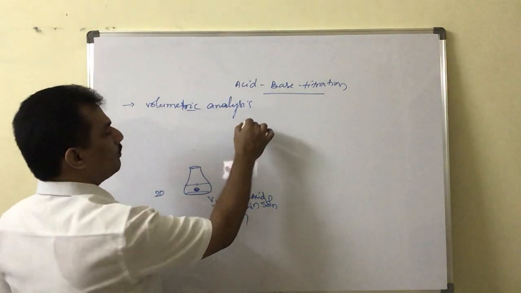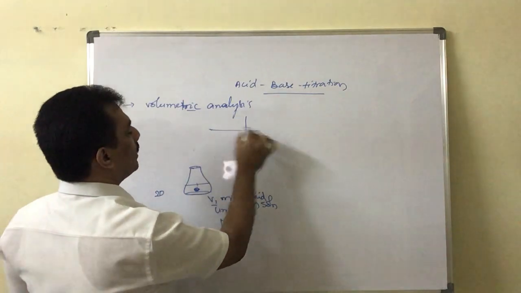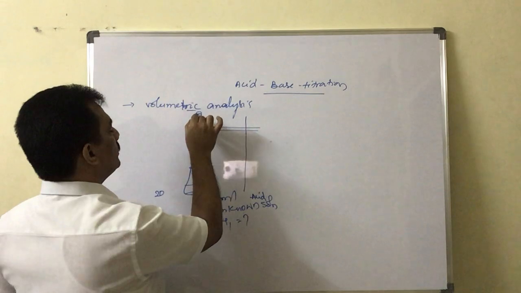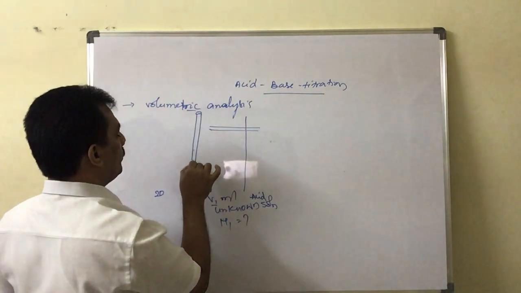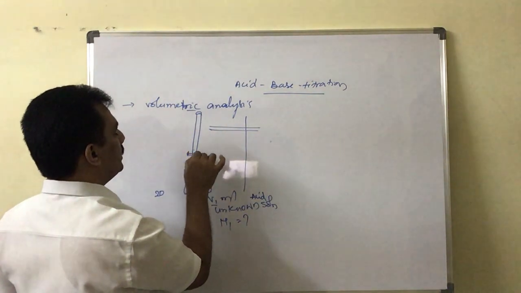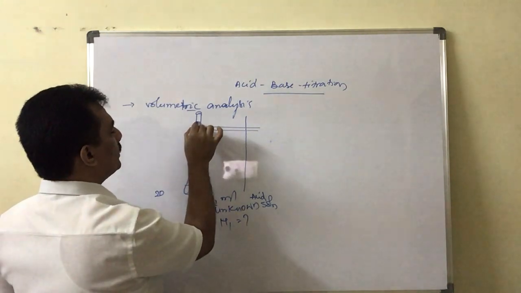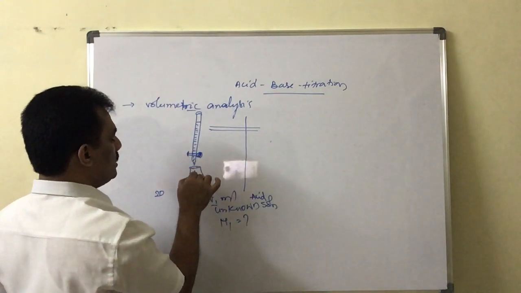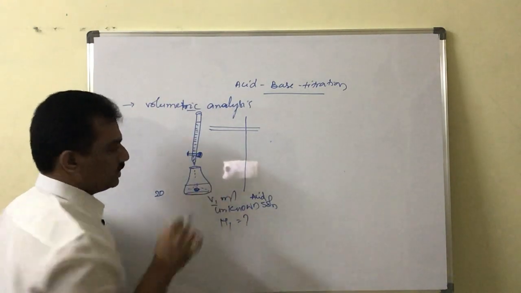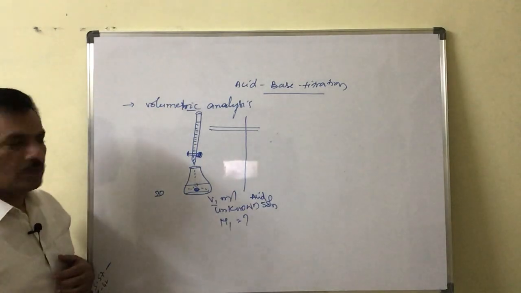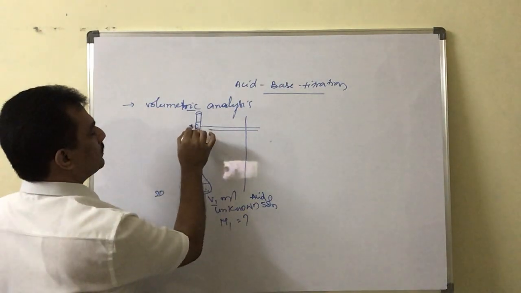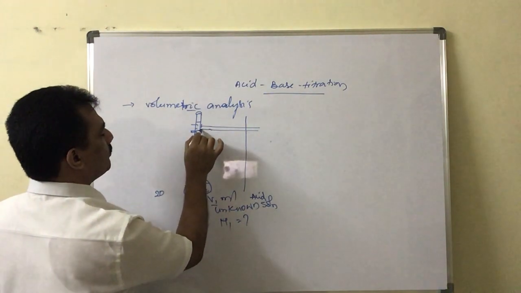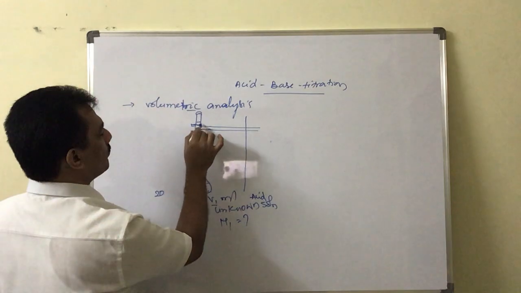To this unknown solution we are adding base of known concentration with the help of a burette. The base solution taken in the burette is run into this acid solution slowly, drop by drop. It is fixed with the stand, and you can go through all these experiments in your lab in second year. You need not worry about this.